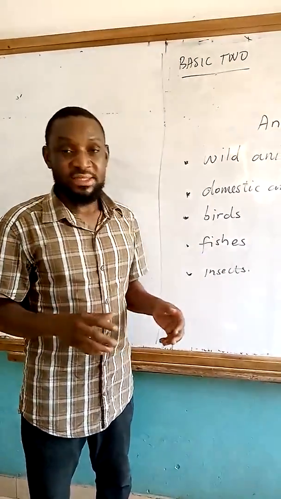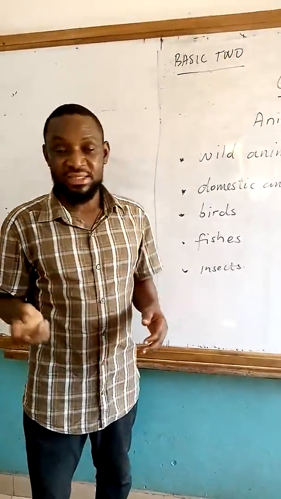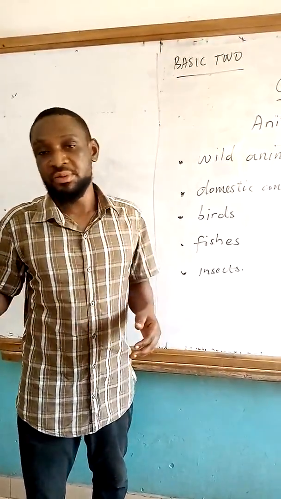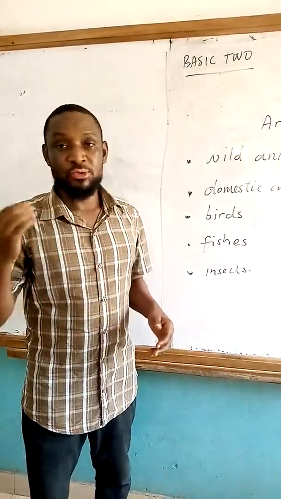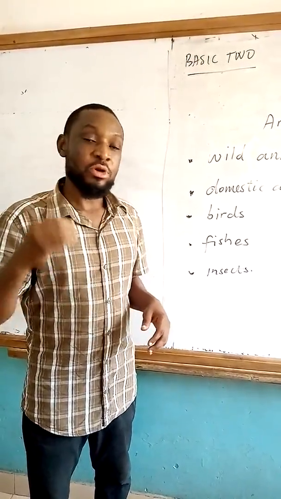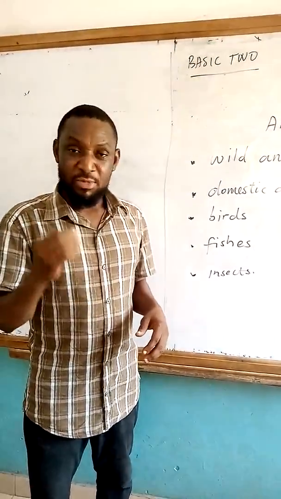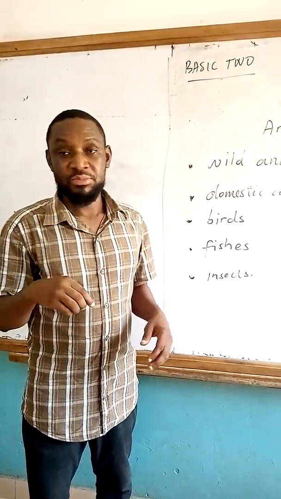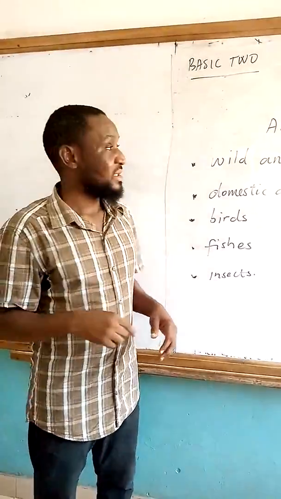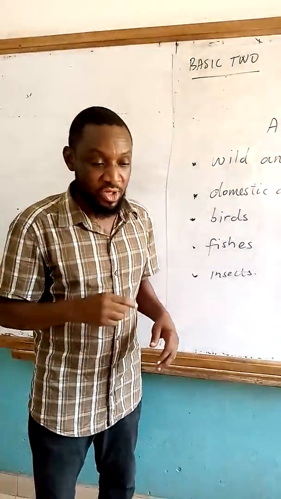The lower ones are the ones we are looking at today. That is the goats, the sheep, the dogs, the cats, the fowls, and so on. I know you know a lot of animals and you see some. Some of you even rear animals at home. And so all of them are under animals. And that is what we're going to look at.